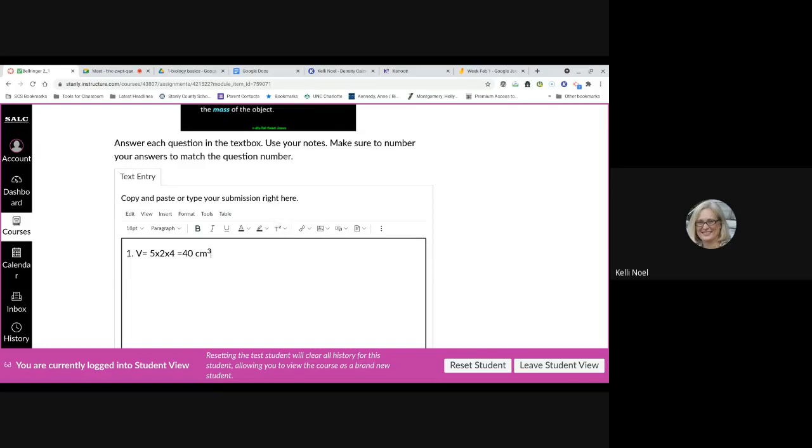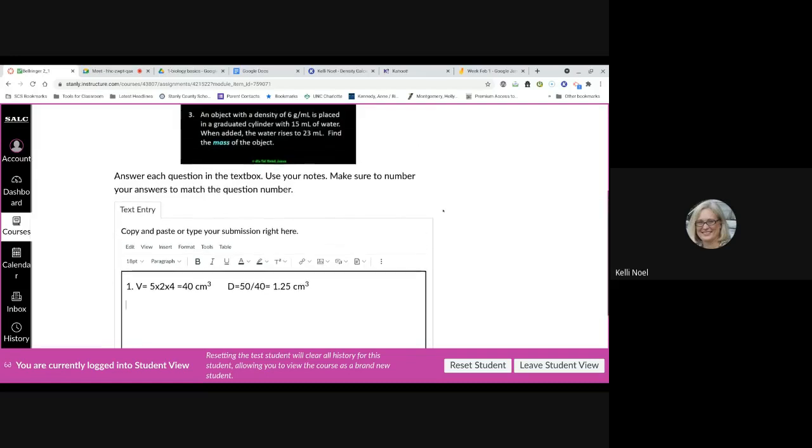Then you can enter, or you can just space some more and do D equals 50/40 for divide equals 1.25 centimeters. Click on that T with the little 2, a 3, click on it again, and there's 1. So that's how you can type that in.